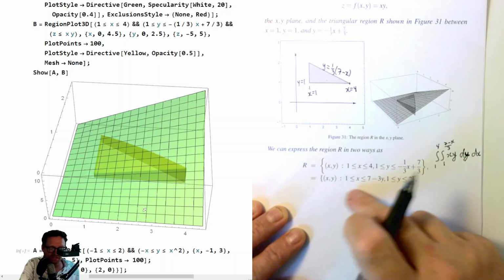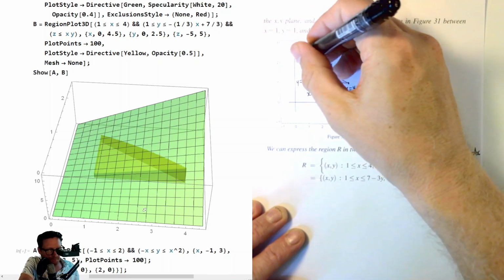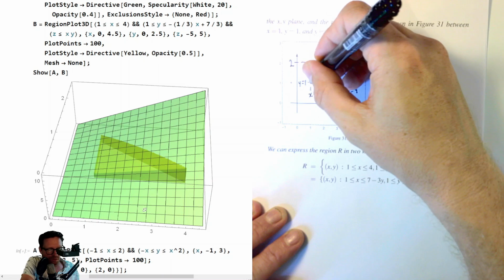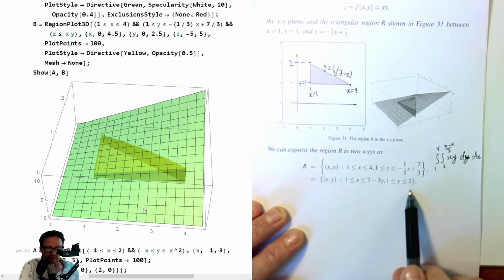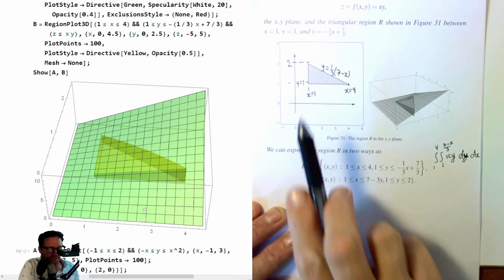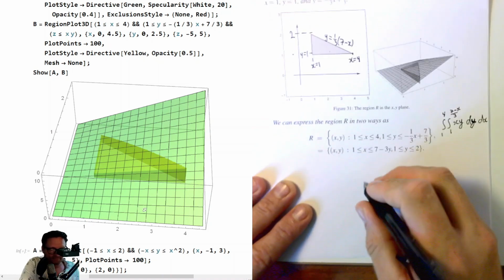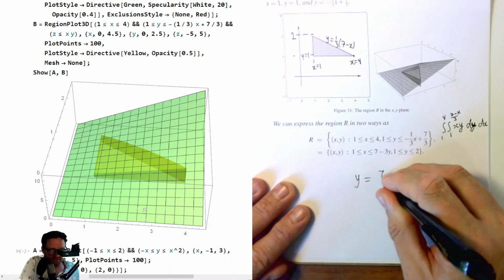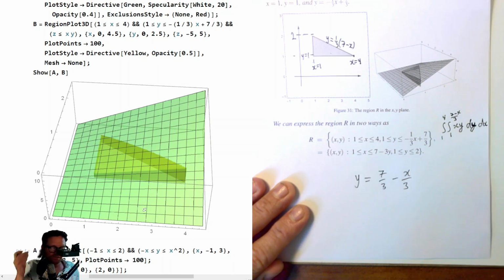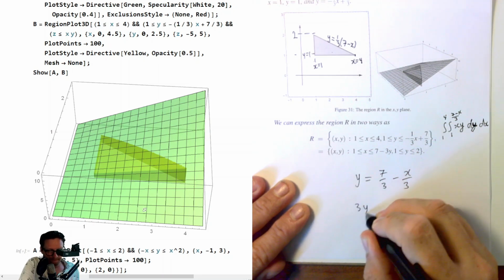Okay, and now in this way of representing it, y goes from 1 to 2. So we have 2 up here. This is y equals 1. Okay, so y going between two constants, 1 and 2, but then x is between 1 and, now rearranging this, incidentally, if we just take y equals 7/3 minus x over 3 and solve this for x, what we're doing here is multiplying both sides by 3.